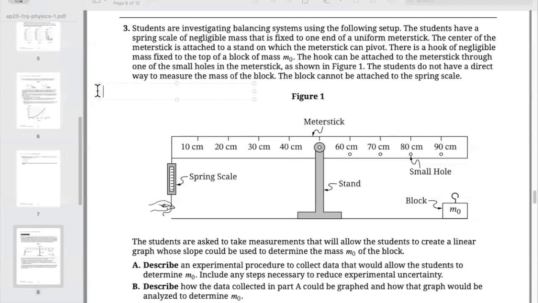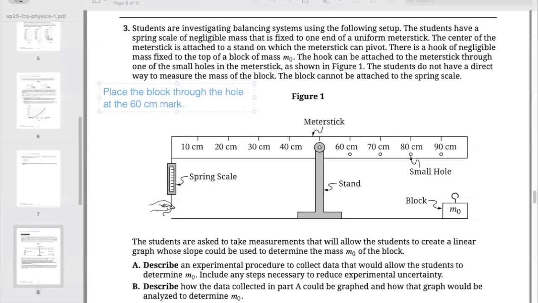This time I actually am going to write out an experimental procedure. I didn't do that for the Physics C ones because I actually feel like those experimental design questions were easier than this one. This one's not too bad though. A spring scale measures force, so all you have to do is place the block through the hole at the 60 centimeter mark. Place it wherever you want to start.